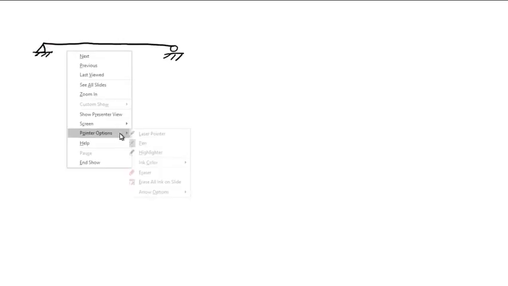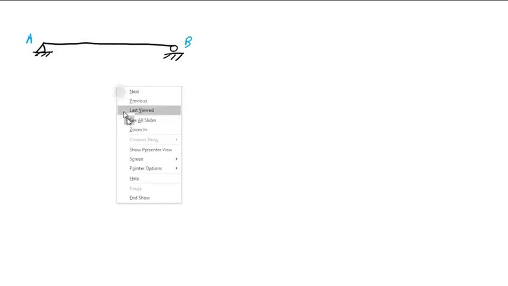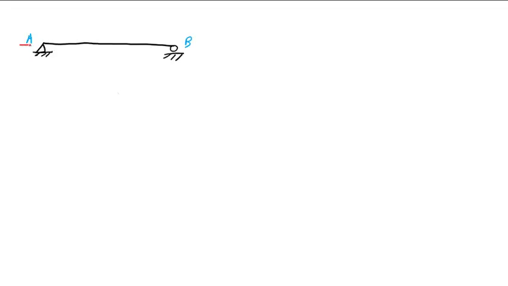And the loading is here. Let me label the points. This is point A and this is point B. And the reactions will be AX and AY and BY.